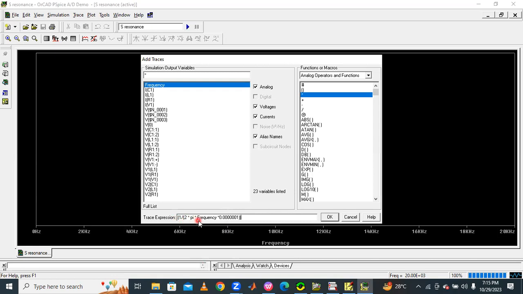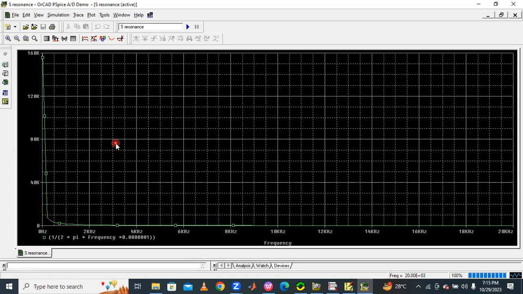So 1 by 2 pi fC. Like this, the characteristics appear.